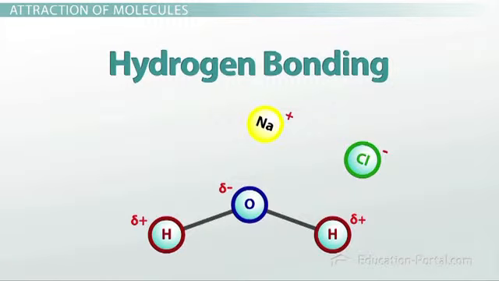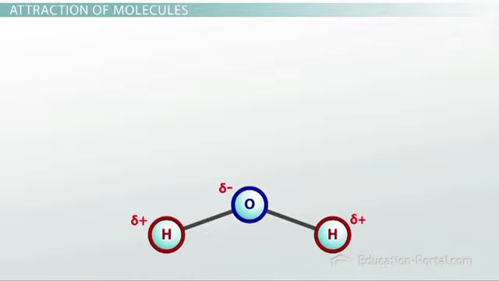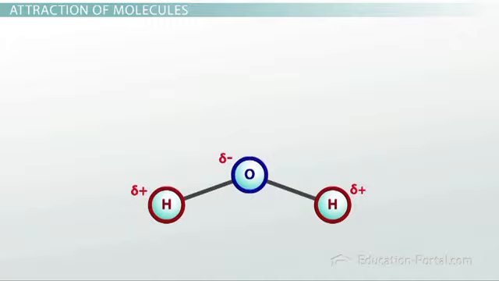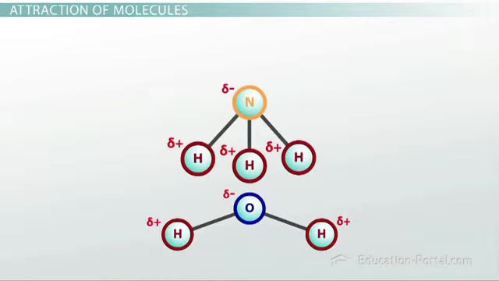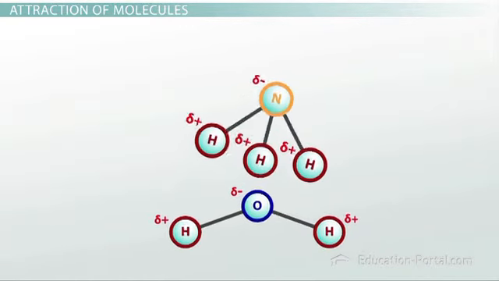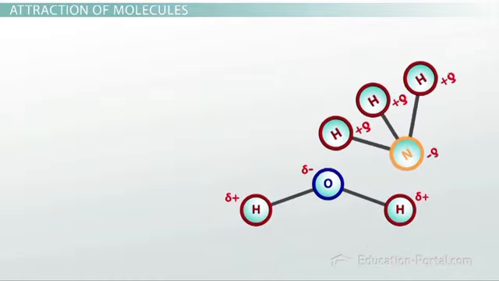Okay, so let's consider how water would interact with a polar covalent molecule like ammonia. The partial negative charge on the nitrogen atom and the partial positive charge on the hydrogen atom in the ammonia molecule allow it to interact with water through hydrogen bonding.